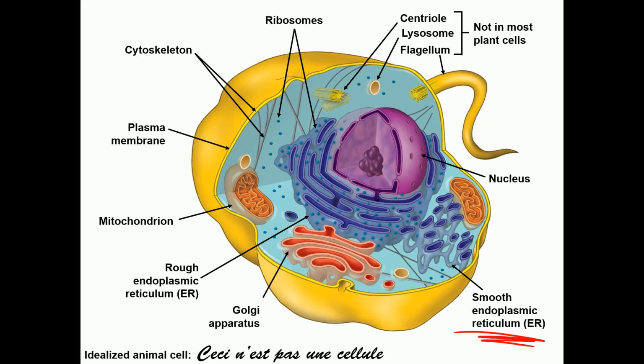Well, part of the reason is because the smooth endoplasmic reticulum is detoxifying your system. Liver cells have a higher proportion of smooth endoplasmic reticulum for exactly this reason, because their job is partly to help detoxify your entire body, and they do that by utilizing the physiological capabilities of this particular organelle.